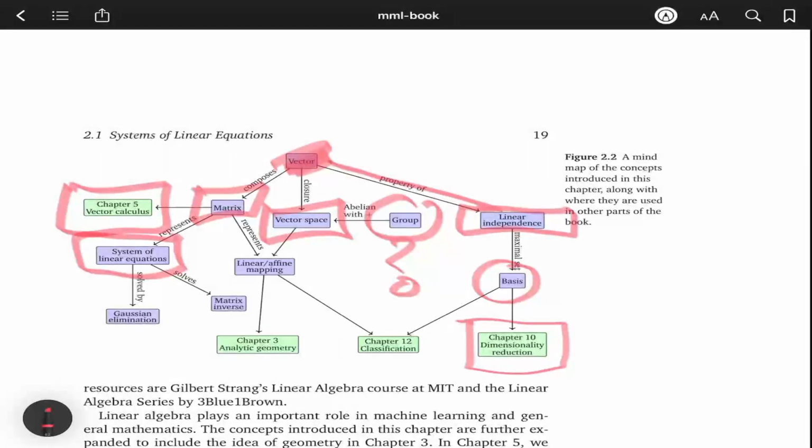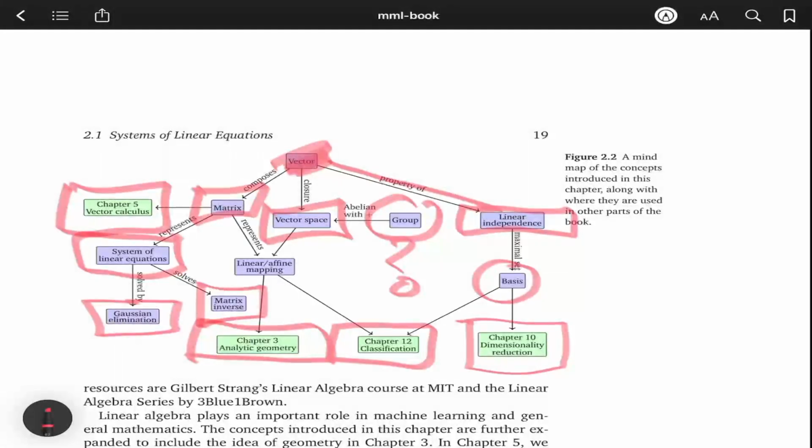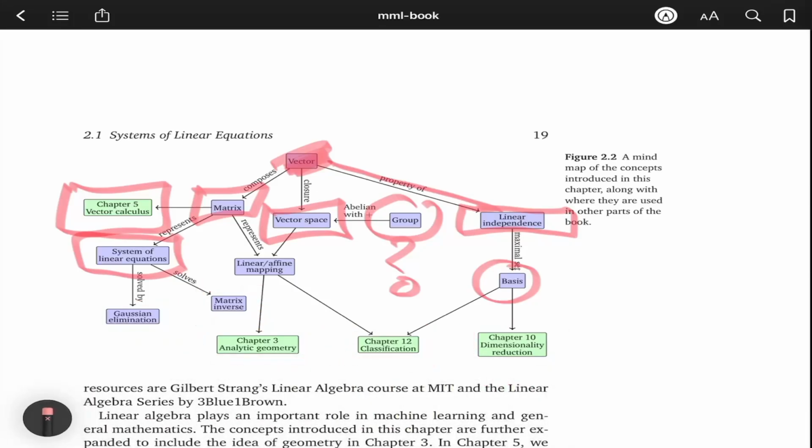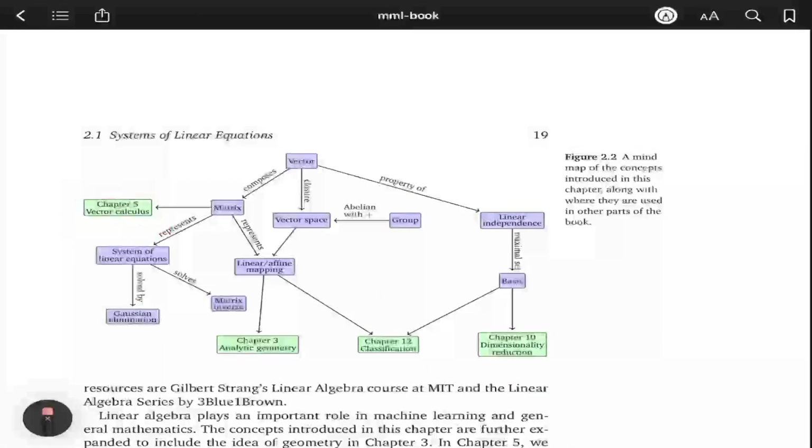Basically use a matrix to represent systems of linear equations, then solve them, and then you can reverse the matrix. We have to understand what that means. Some methods for how you actually solve those linear equations, and then this all will lead to somehow classification and analytic geometry. Okay, nothing too crazy, I guess.